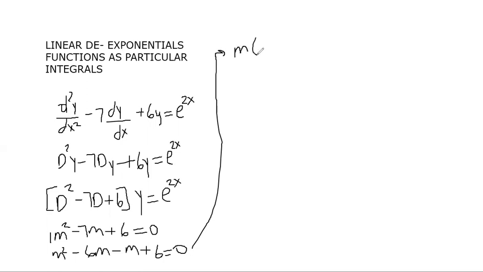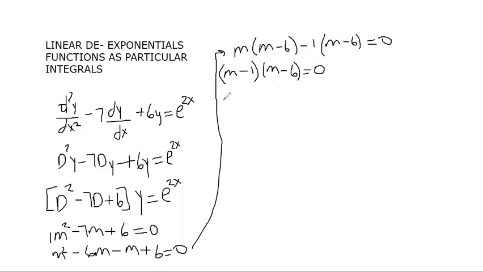So now we have m, open brackets, m minus 6, minus 1, m minus 6, and this is equal to 0. So what we have now is m minus 1 in brackets and m minus 6, and this is equal to 0.